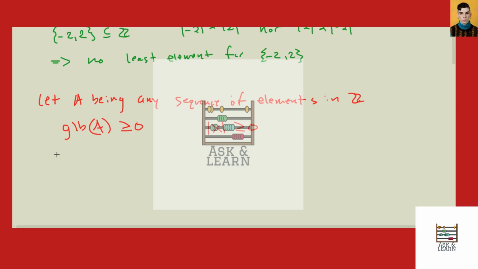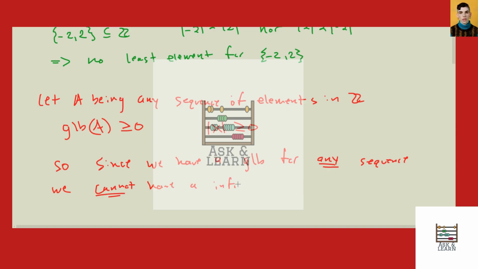So since we have a greatest lower bound for any sequence, we cannot have an infinitely decreasing sequence.